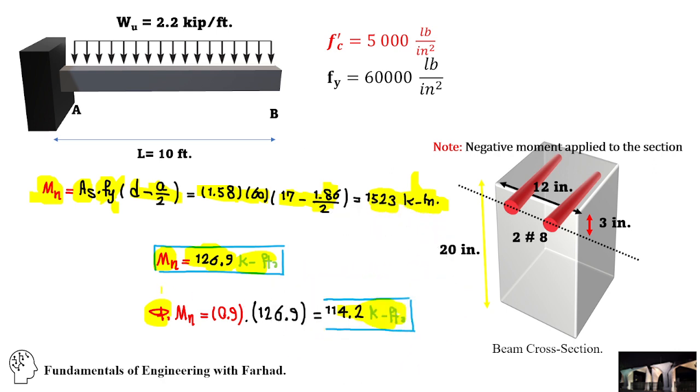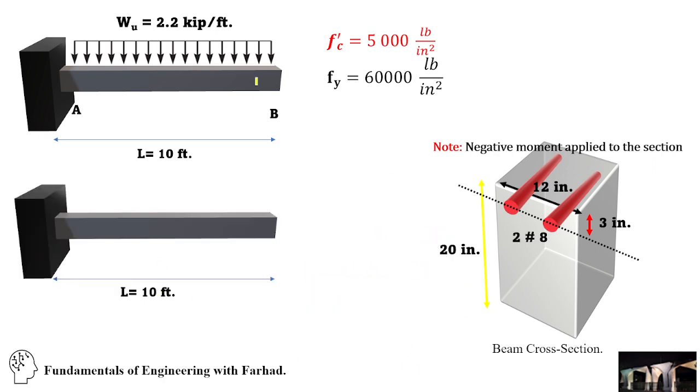Then if we move to the structure part, if we convert this distributed load to a concentrated load applied at the center, in part B, Mu, the ultimate moment, should definitely be smaller or at most equal to phi times Mn.